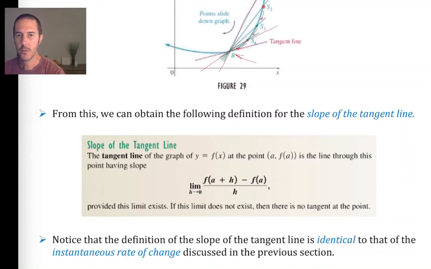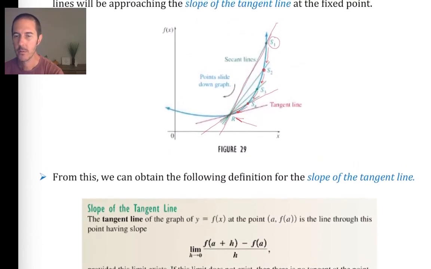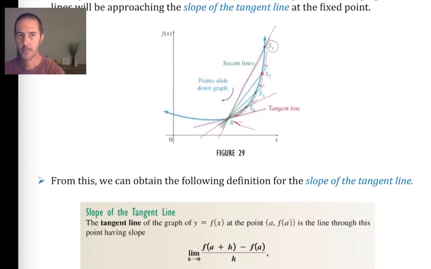So the slope of the tangent line can be found by using the difference quotient and then taking the limit as h approaches 0. Here's the tricky part of the explanation.